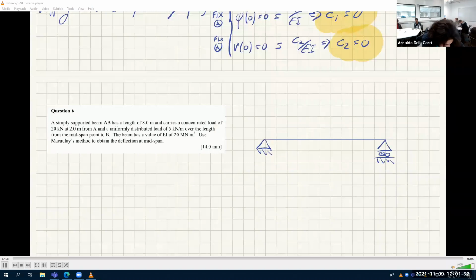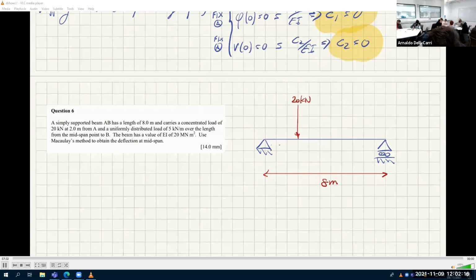It has a length of 8 meters, carries a concentrated load of 20 kilonewtons 2 meters from A, and a uniformly distributed load of 5 kilonewtons per meter over the length from the midspan to B.